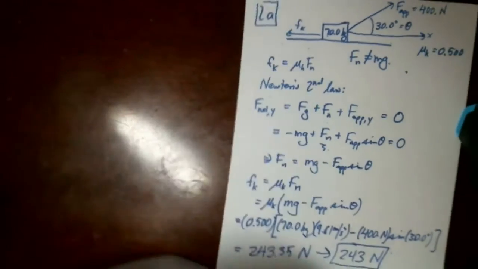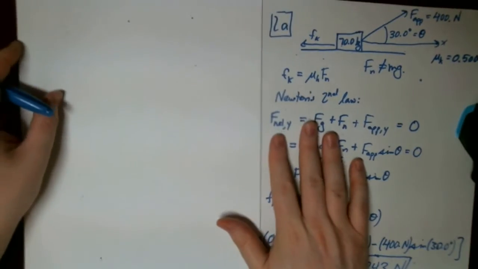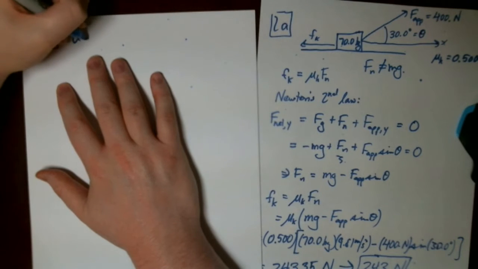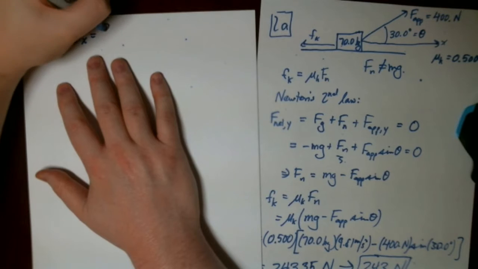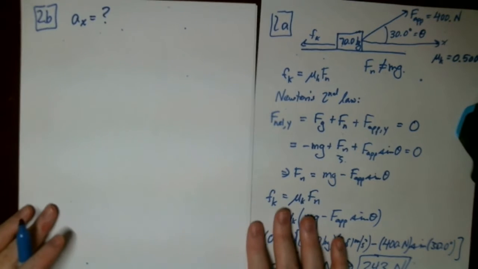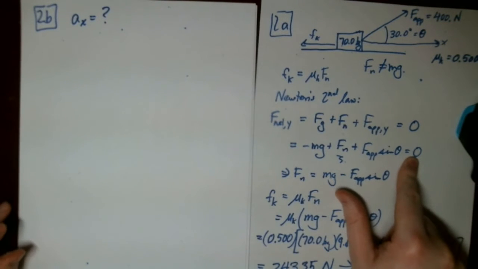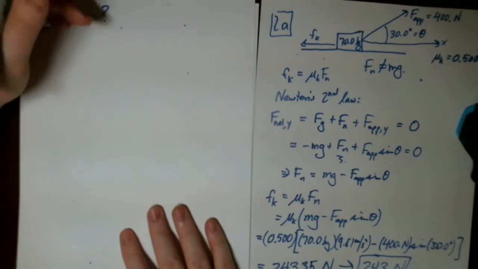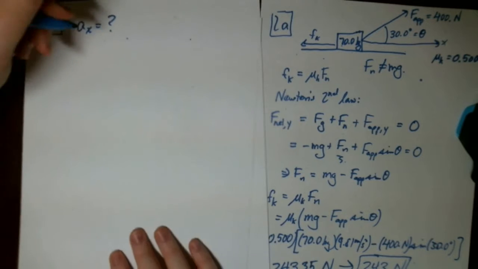Anyway, for 2B, we want to find the acceleration of the box. Specifically, we're finding the acceleration in the x direction because we've already established that a sub y is 0. The box isn't moving up or down. We just want to find a sub x. So that's, again, Newton's second law.